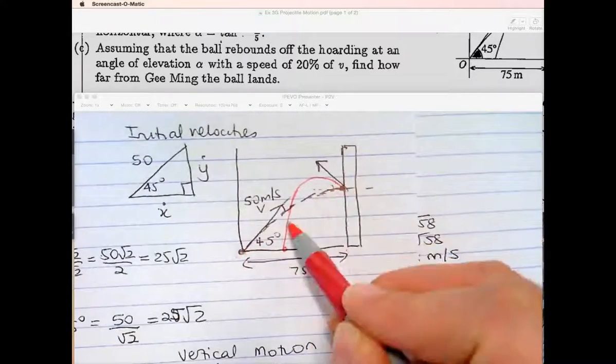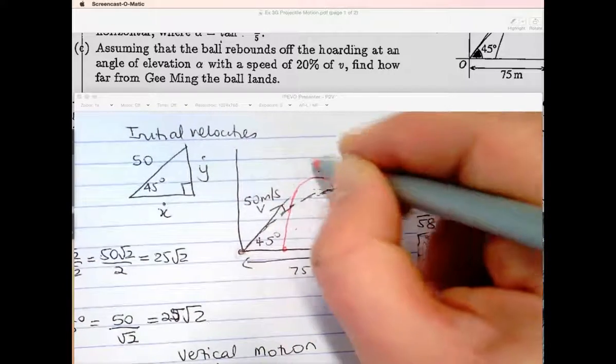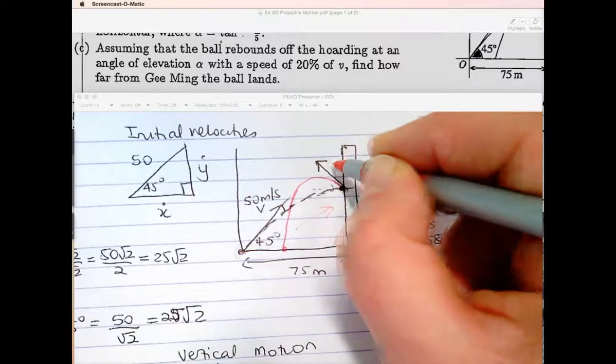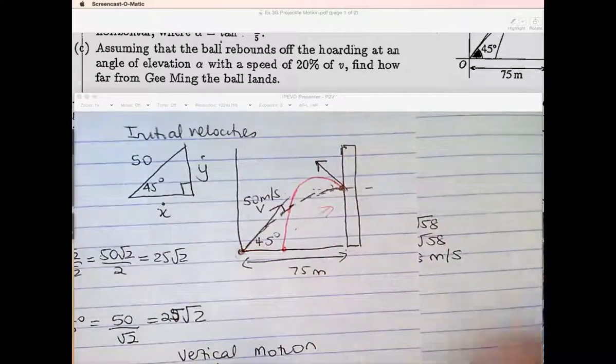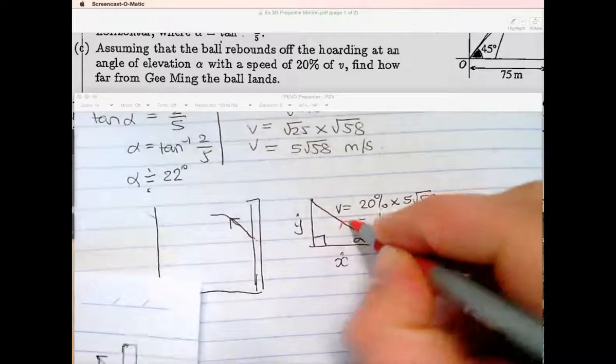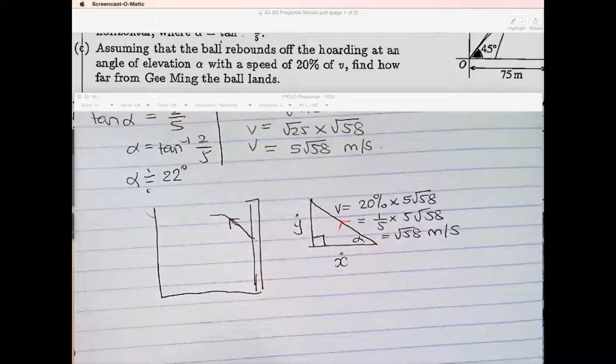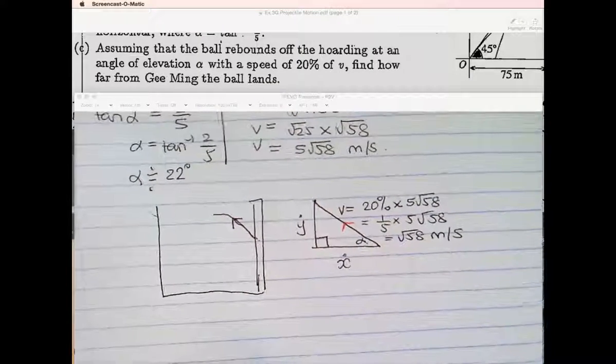On its forward motion, velocity is in that direction. Now velocity is coming back this way. The particle's moving back that way. So that's why we draw the triangle on the way back this way, at an angle of alpha to the horizontal. So find how far from the goal the ball lands.